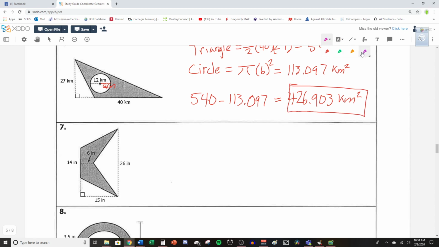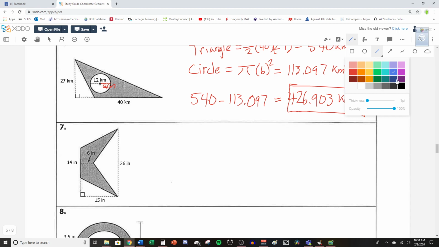All right, next. Here we have a very irregular shape. What helps with this question is to put it into an overall rectangle and then subtract away the blank spaces. There are a lot of different ways you could go about this, but this is what I want to do.